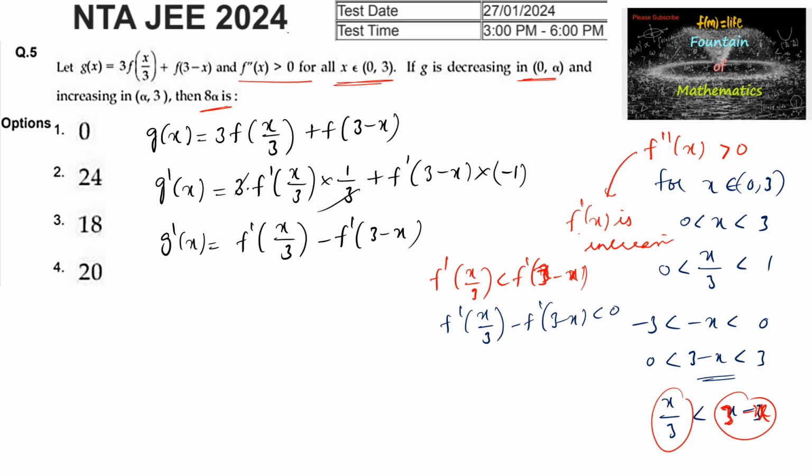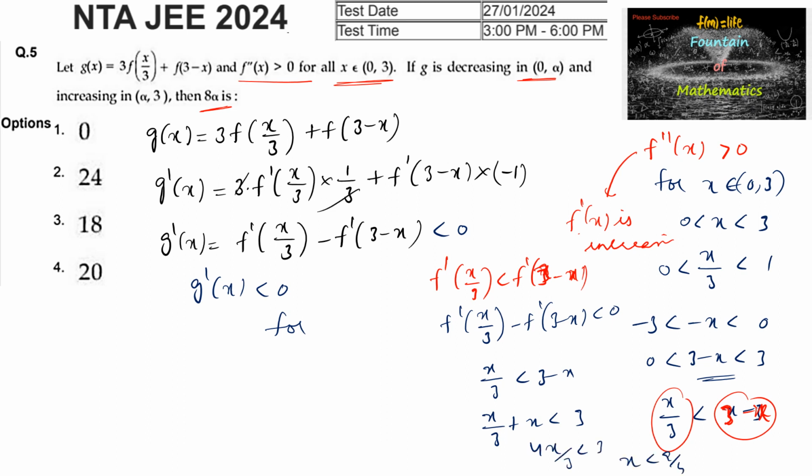So g dash of x is less than 0. And here x upon 3 is less than 3 minus x, that is x upon 3 plus x is less than 3, that is 4x upon 3 is less than 3, or x is less than 9 by 4.